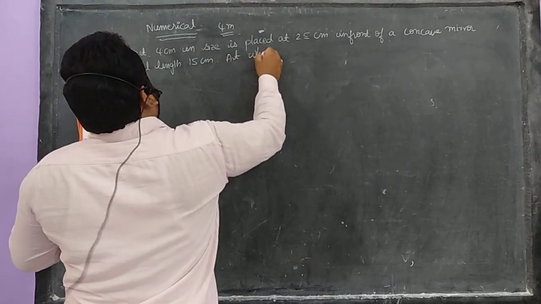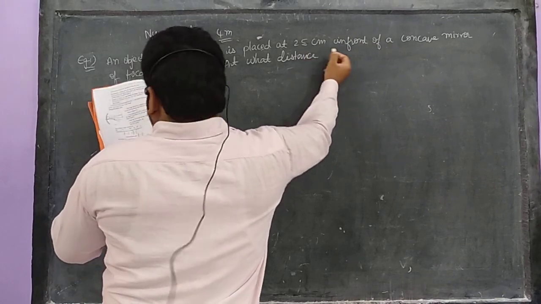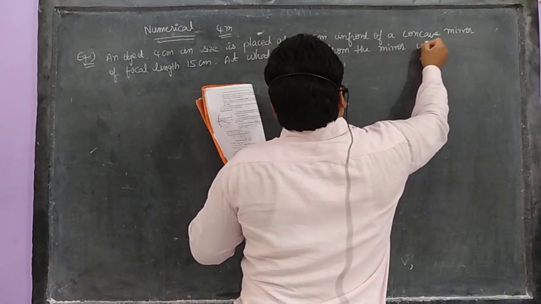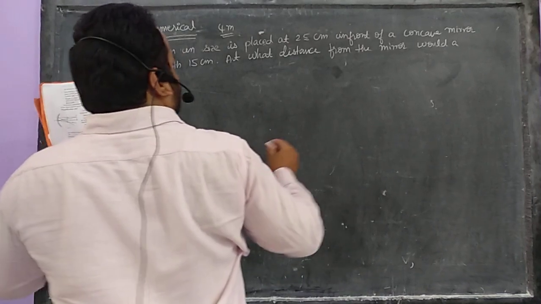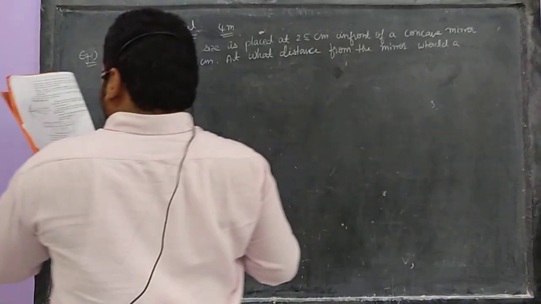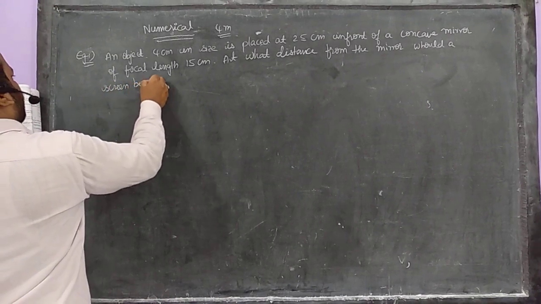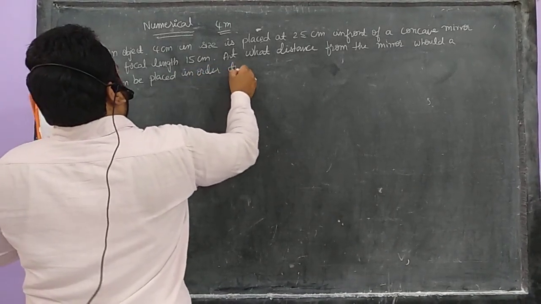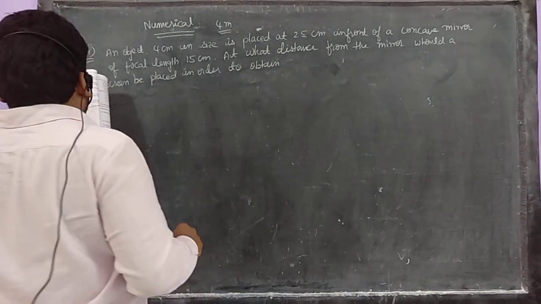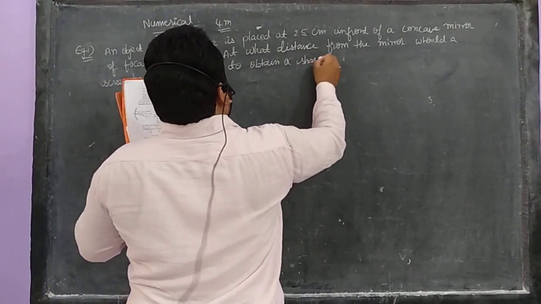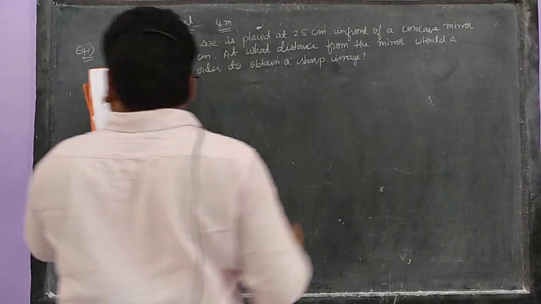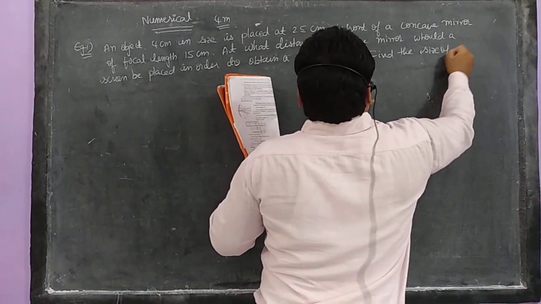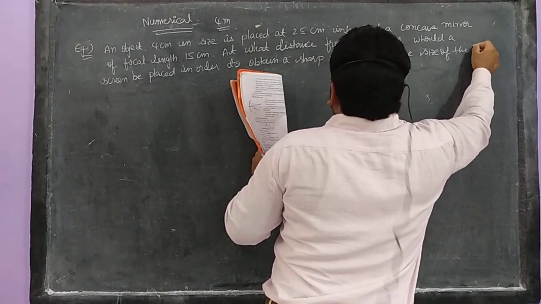At what distance from the mirror would a screen be placed in order to obtain a sharp image? Find the size of the image.